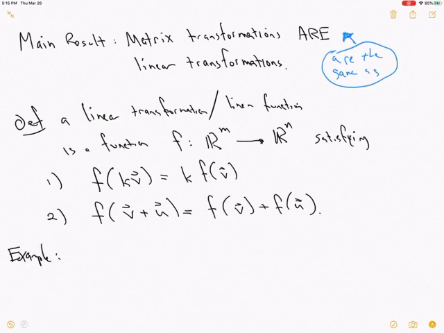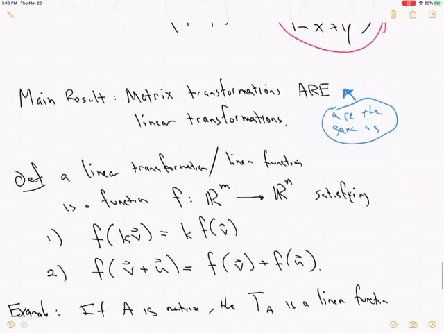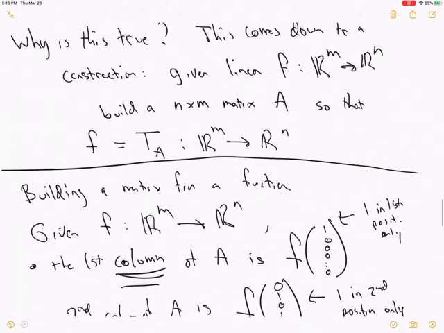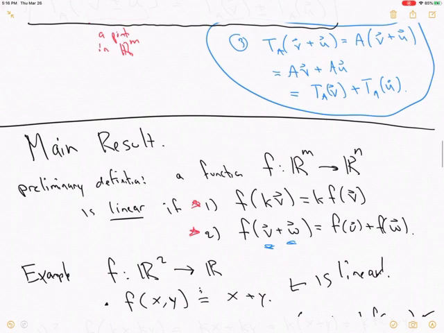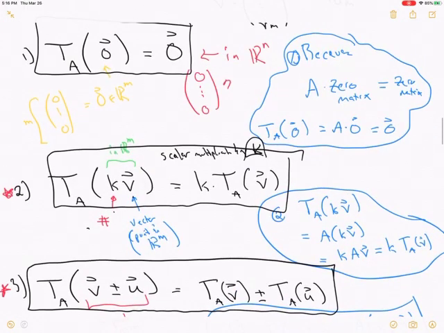So an example is if A is a matrix, then TA is a linear function. And why is that true? Let's go back up. We talked about the properties of matrix transformations.